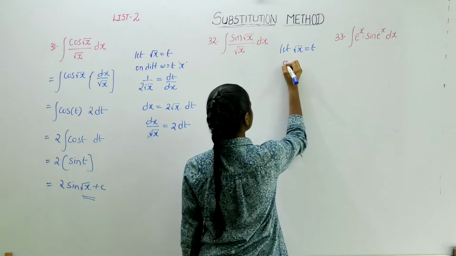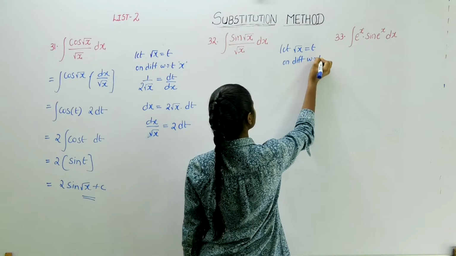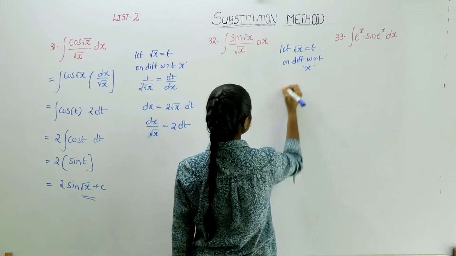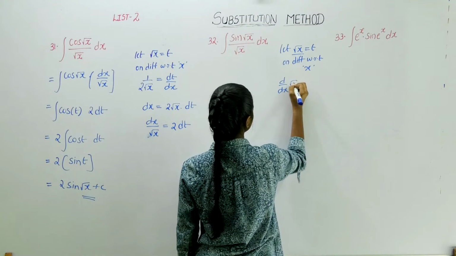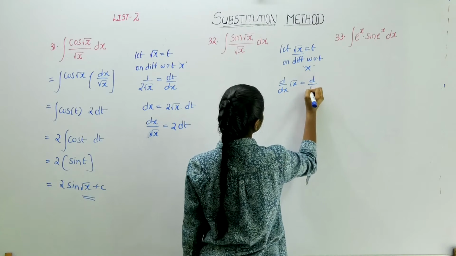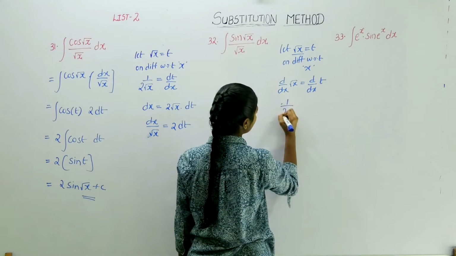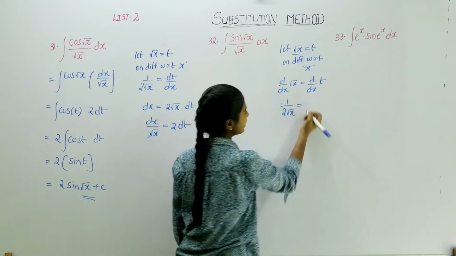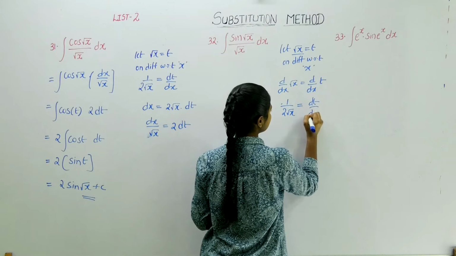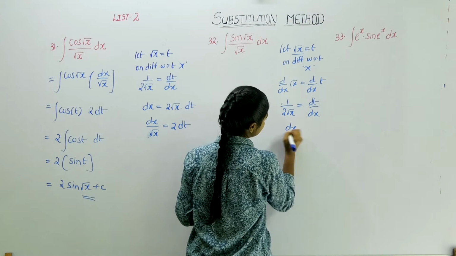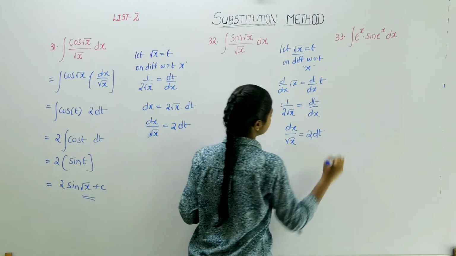Next, on differentiating with respect to x on both the sides, d by dx of root x is equal to d by dx of t. d by dx of root x is 1 by 2 root x, and d by dx of t is dt by dx. dx by root x can be written as 2 dt.